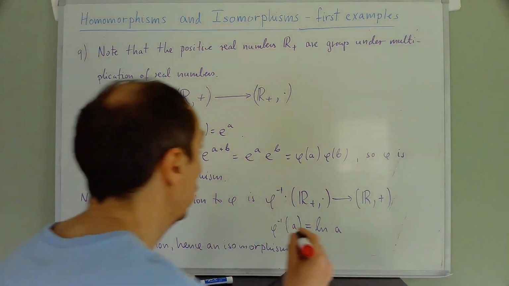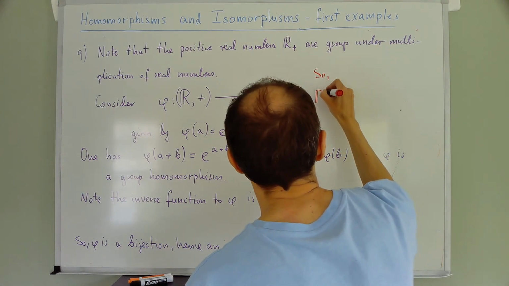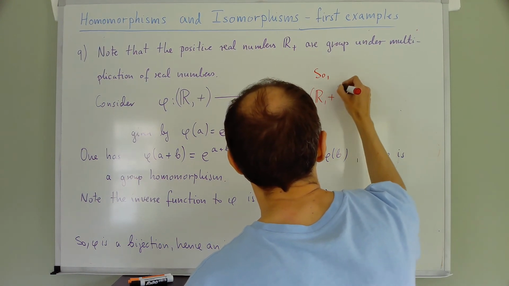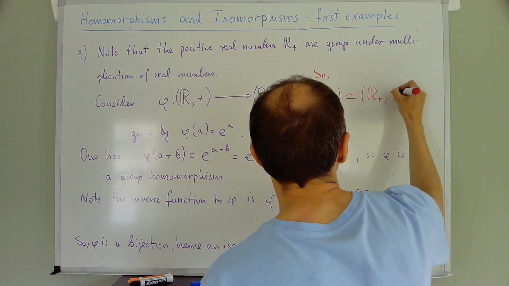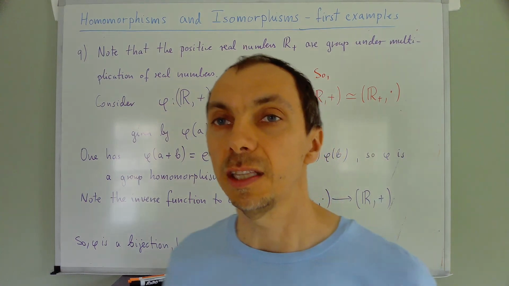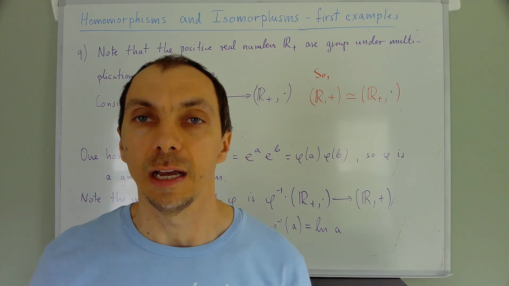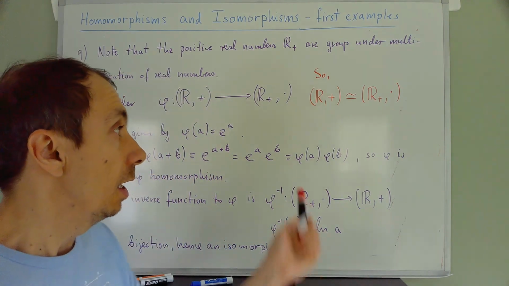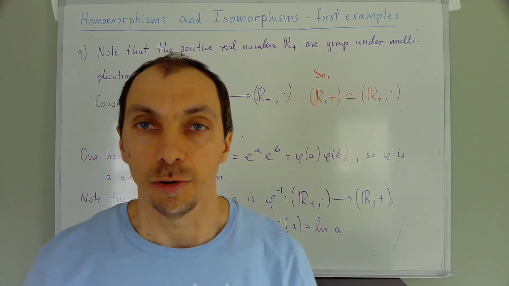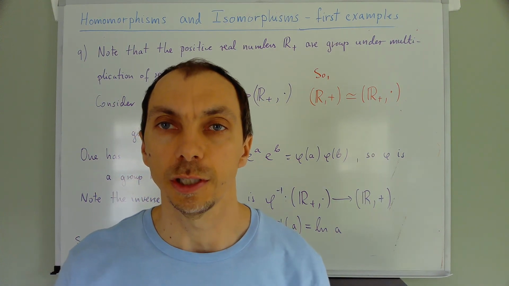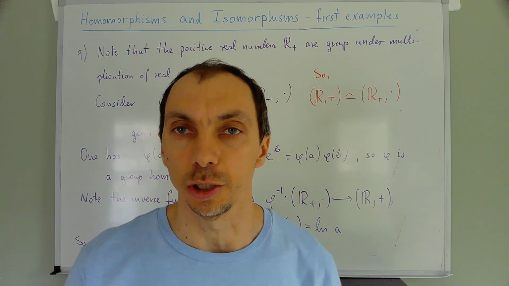So the conclusion is that the group of real numbers with addition is isomorphic to the group of positive real numbers with multiplication. That's yet another example of looking through a certain telescope and not allowing yourself to use other tools. If you just use the tools of group theory, there is no difference between positive real numbers with multiplication and all real numbers with addition.